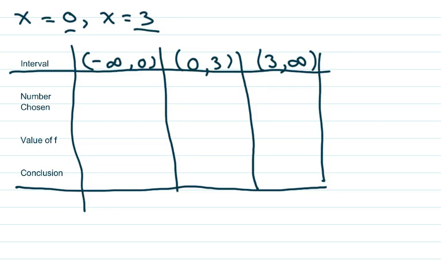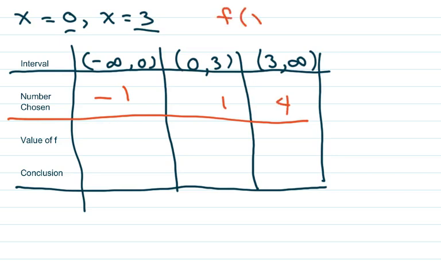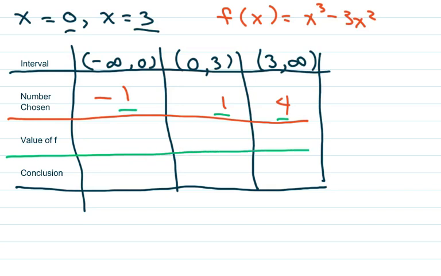Alright, and we're going to choose numbers now. And the ones I chose were -1, 1 and 4. And my function again, I'm just going to use this one, x cubed minus 3x squared. And you plug in these x's here and get your value.